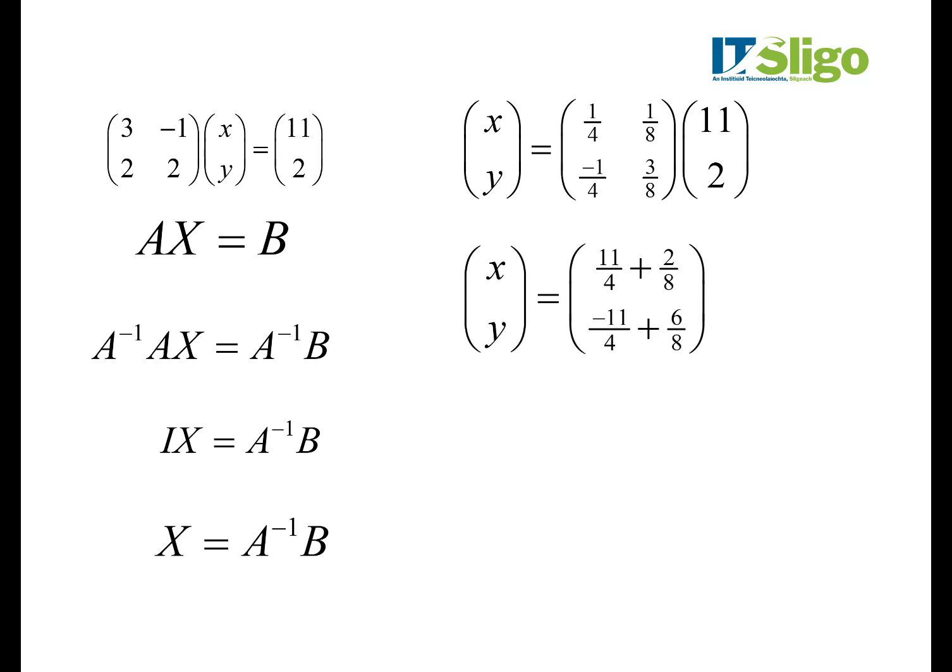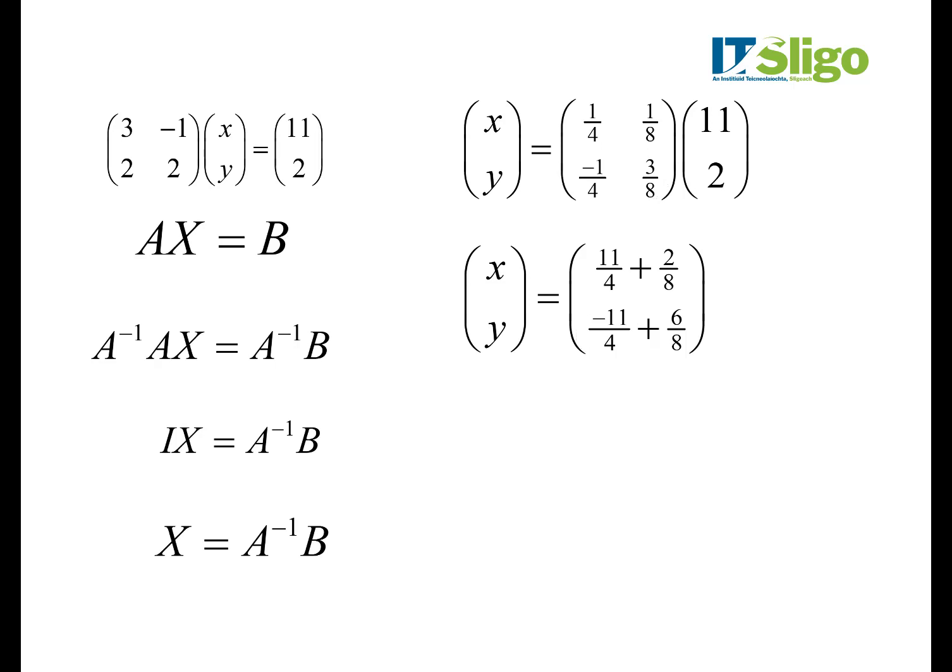So when I multiply these out guys, it's top row, first element by first element, 11 over 4, plus 1/8 multiplied by 2, which is 2/8. On the bottom, minus a quarter by 11, that's minus 11 over 4, and then 3/8 by 2, which is, remember guys, just in case with the fractions, when we're multiplying by 2, we can just turn the 2 into a fraction. And that's what gives me the 6 over 8.